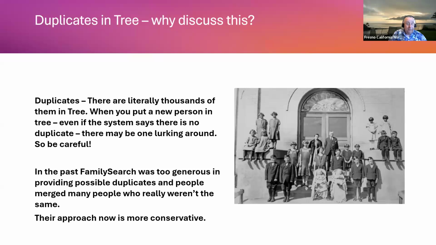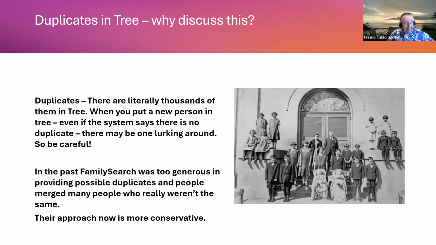And so it's up to us to find those and merge them together so that you don't have a ton of duplicates like you see in the picture there, which is a picture of a ward with all the twins that were in that ward that day. And our tree sometimes looks a little bit like that. And our job is to remove all of them that we can.